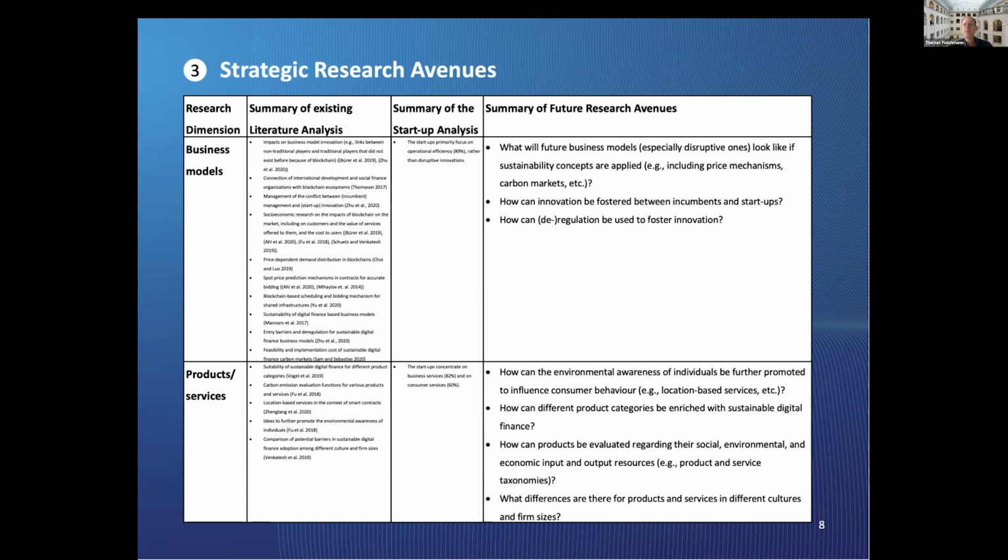How can innovation be fostered between incumbents and startups? Because we could also observe that most of the models are currently focused on the business-to-business side. And also a question here is, how can deregulation be used to foster innovation? Because what we also can see is that many of the startups are still struggling when entering a regulated environment that is not only driven by the financial services industry, but also by other industries.